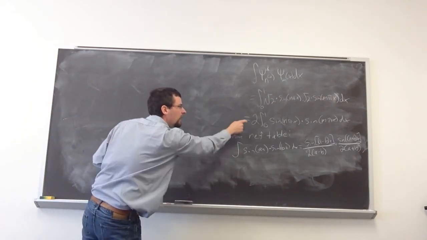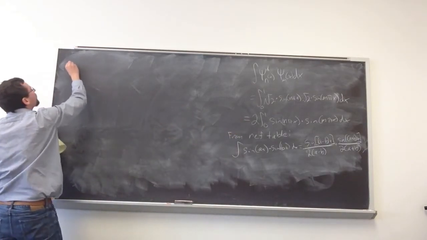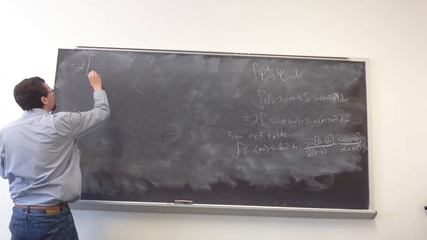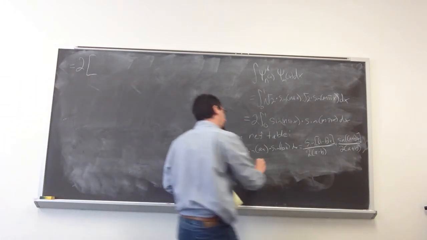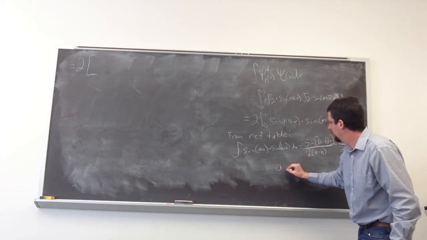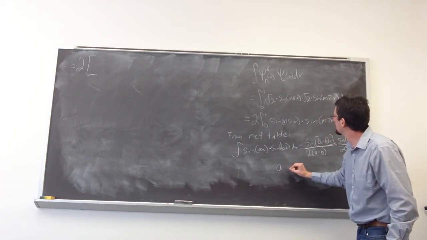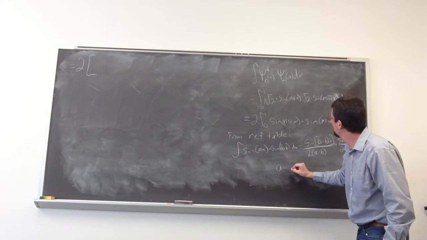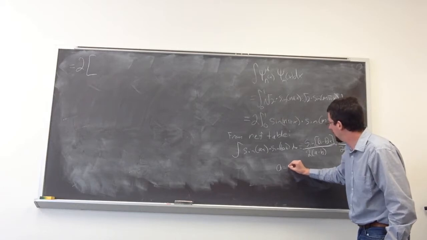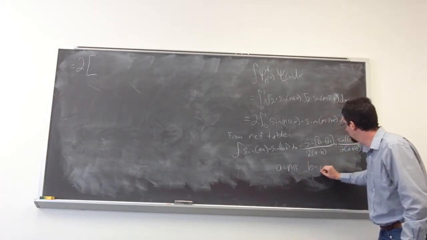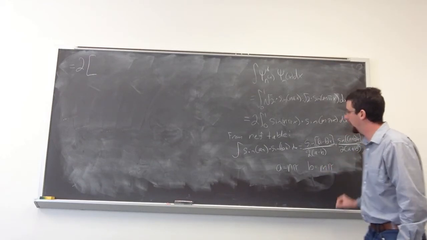Okay, so let's plug this in. We still have that 2 out front. In this case, we're going to set our A equal to n pi, our B equal to m pi.